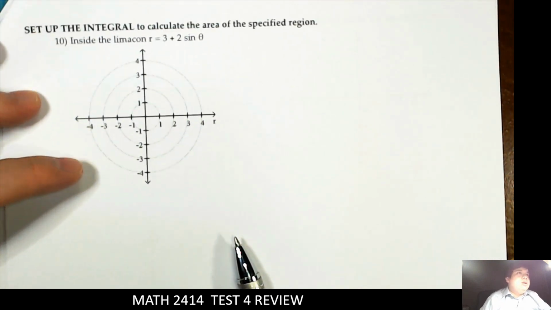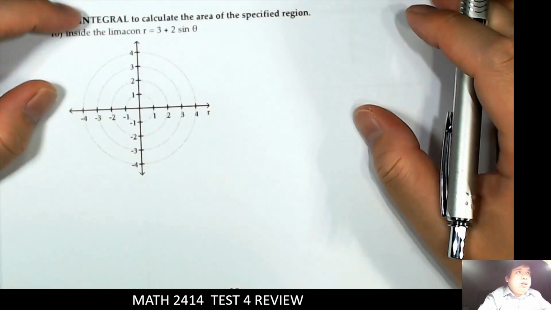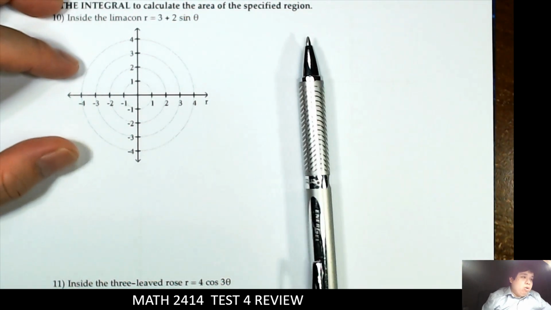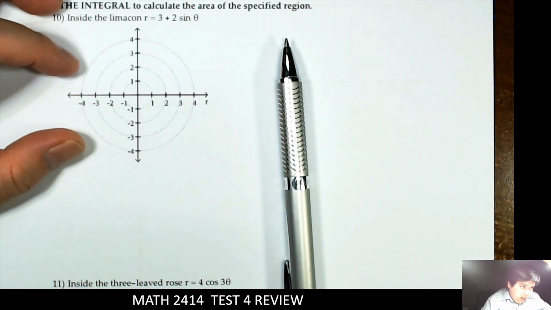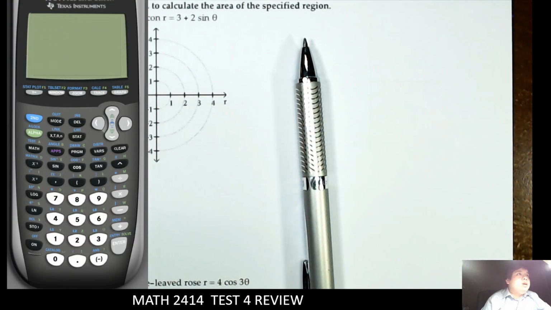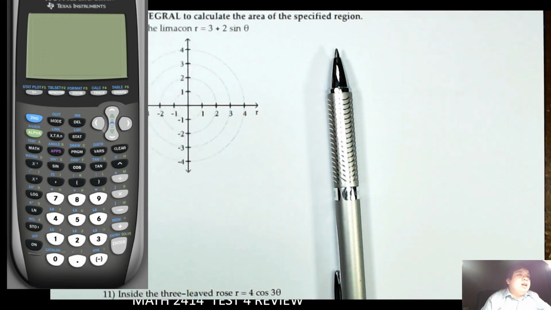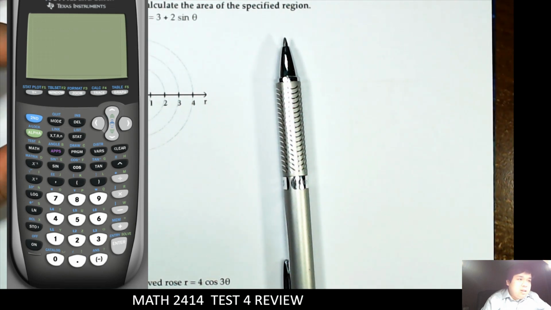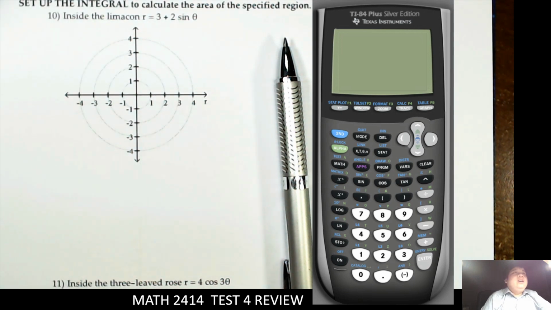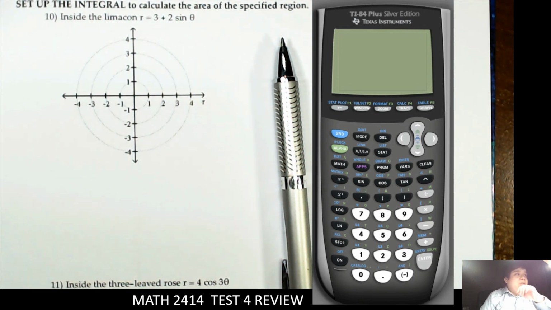Next, we set up the integral to calculate the area of this region. First we're going to draw it and see what we have. Oops, sorry, I need to move the calculator here. To graph that in polar coordinates, we need to set up a few things.